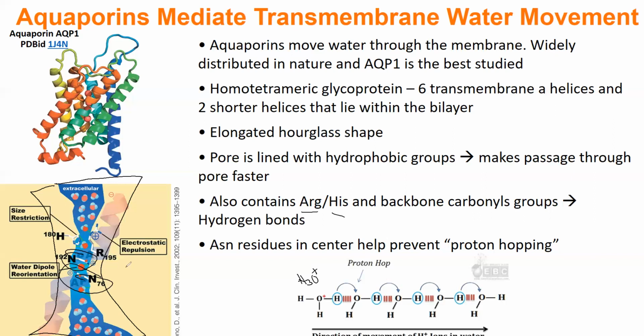And so what these central asparagines are doing is that they're separating this water molecule from the other neighboring water molecules. If these asparagines weren't here, for example, then you could have a clean chain of water molecules going through the aquaporin, and you could export hydrogens inside or outside the cell incredibly fast. For a prokaryotic organism, this would be really bad because prokaryotes, they don't have mitochondria, right?